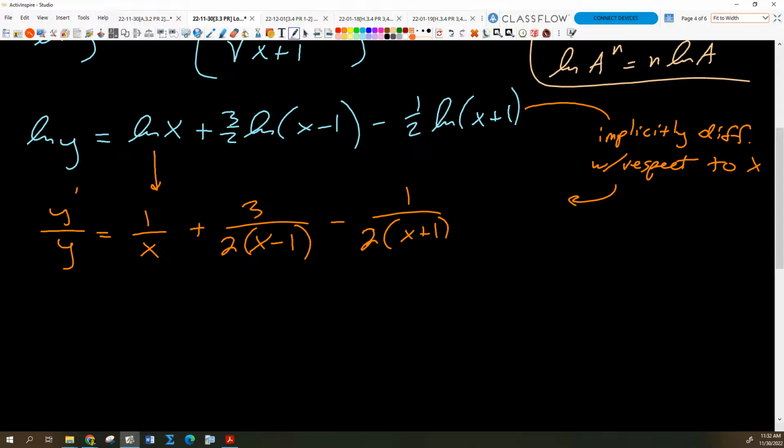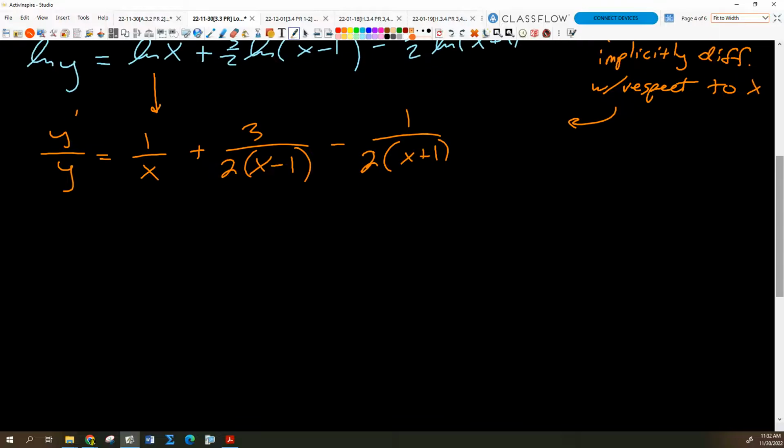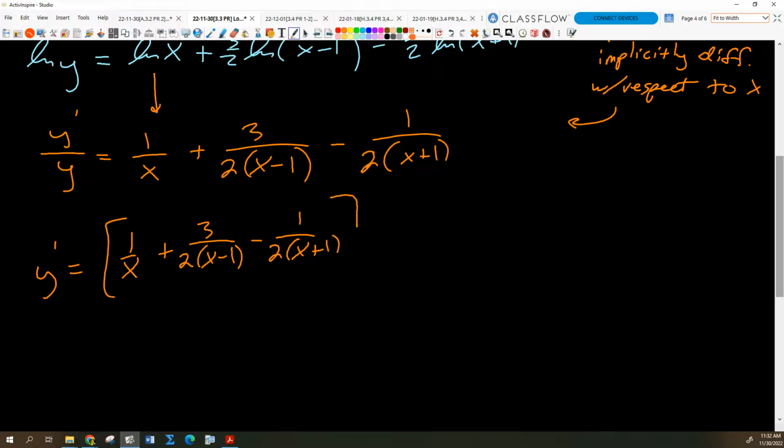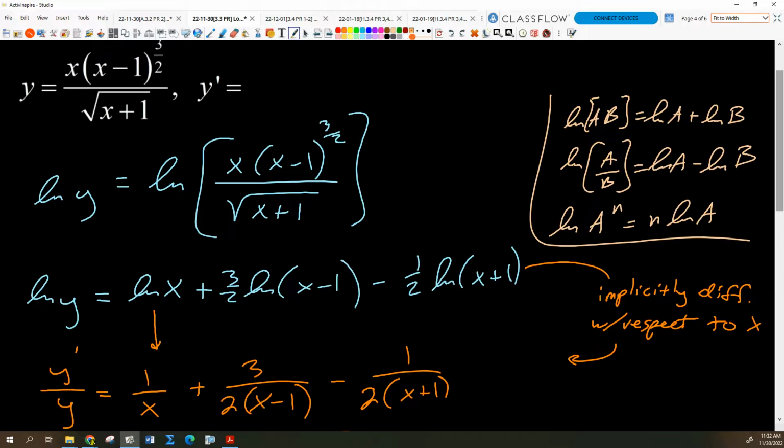Then all we have to do now to solve for y prime is one step. What's that? Multiply by y. Yeah, that's it, right? Multiply each side by y, and we get y prime equals all this stuff times y, which is that, right?